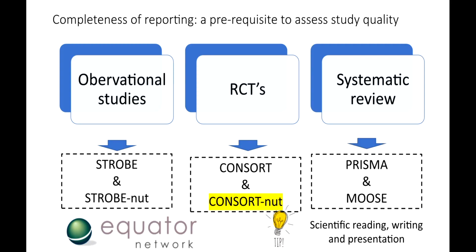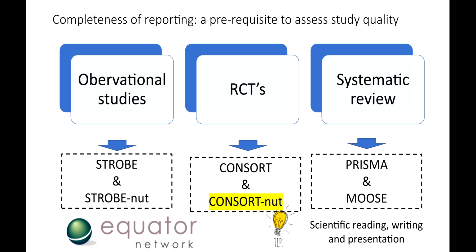Actually, there are tools to assess that. But one important requirement before we can assess quality of evidence is completeness of reporting. So it means that the research findings are complete, that everything is mentioned in that study report that is necessary to assess the quality.